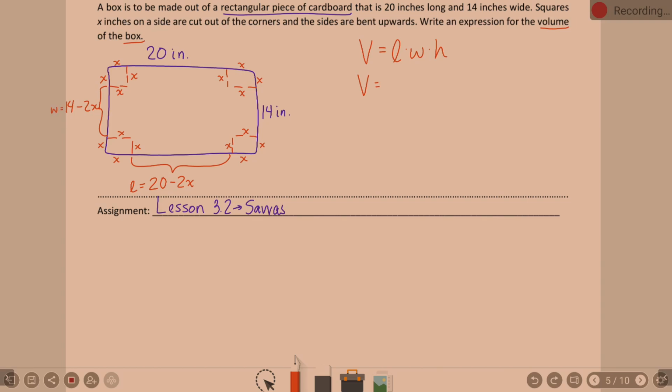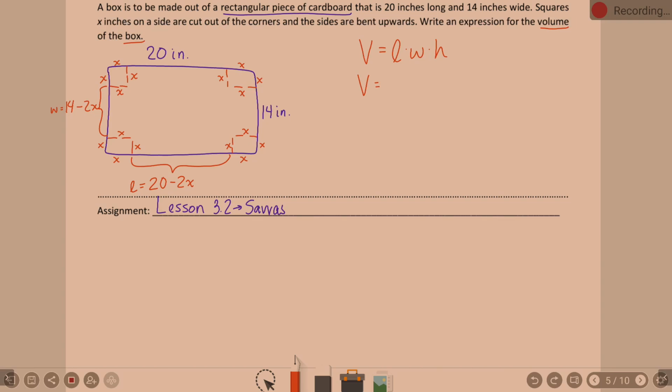Now, I need a height. How tall is my box? It would be x squared or just 2x? Just x. Yeah. Okay, because we take out an x, we're folding this up, it's just an x.